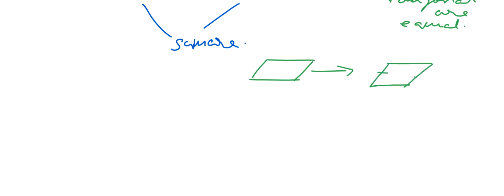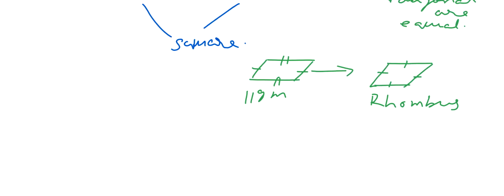Whenever each side is equal, a parallelogram becomes a rhombus. So there is only one situation for a parallelogram to become a rhombus: each side should be equal.